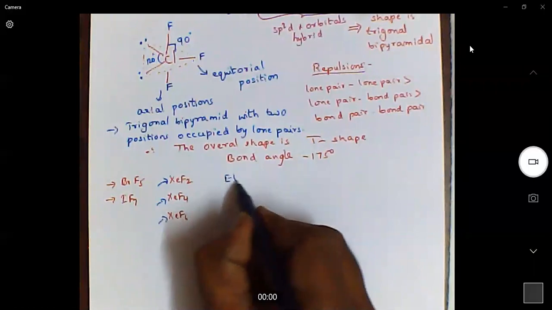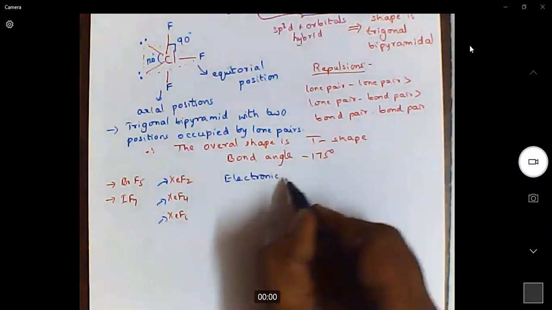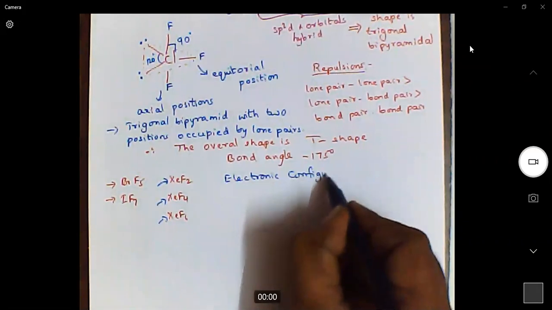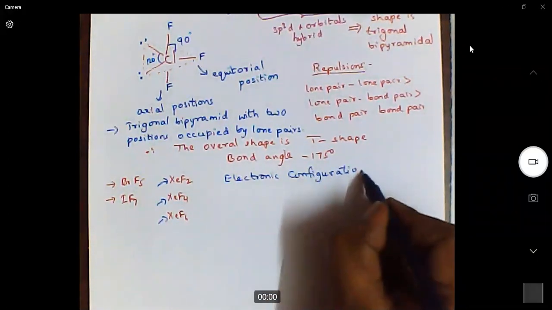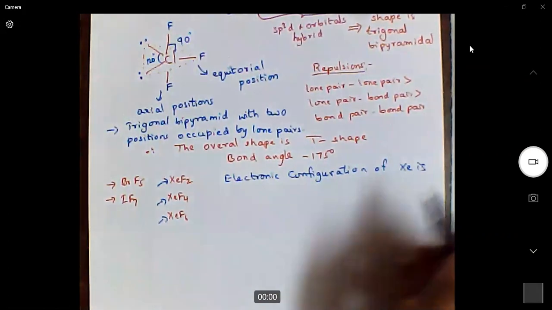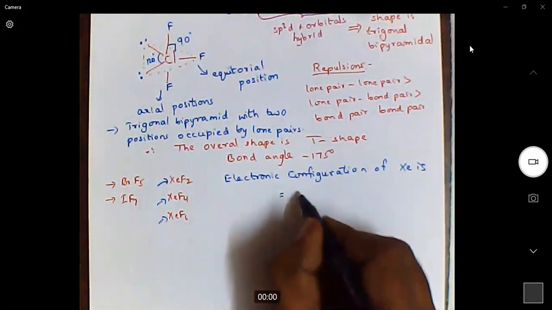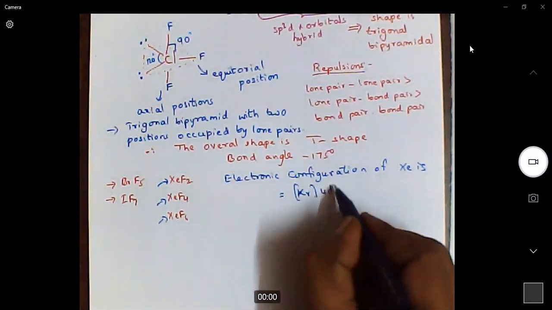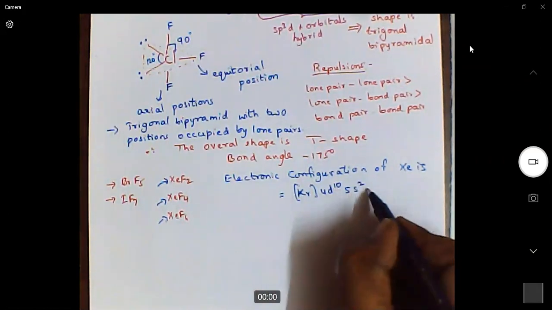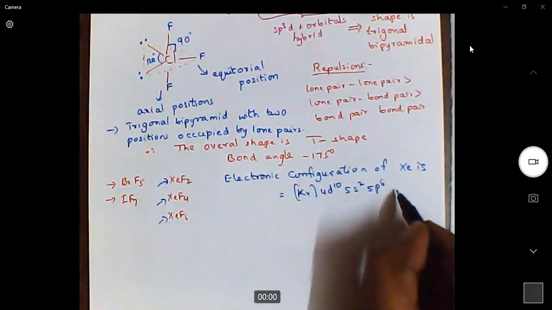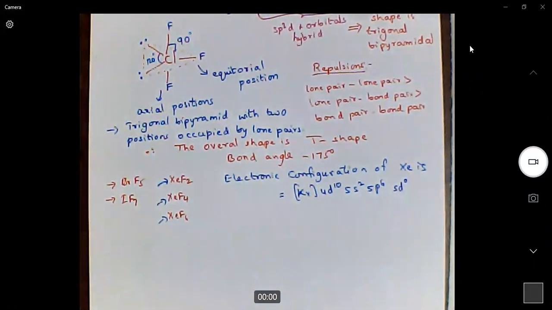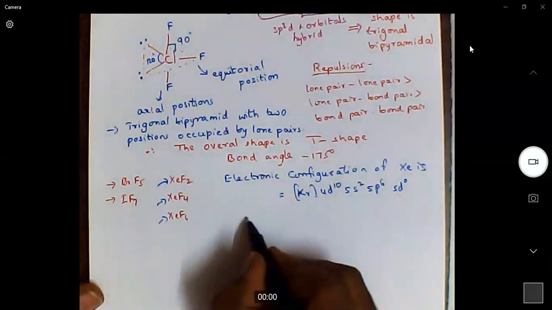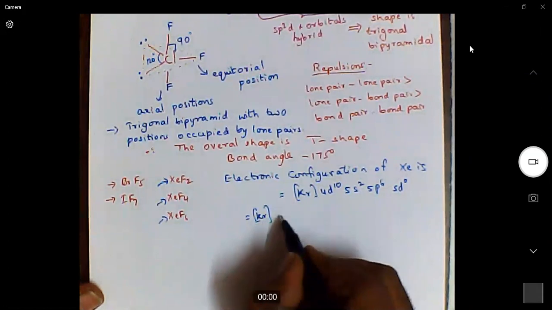So the electronic configuration of xenon is krypton 4d10 5s2 5p6. Of course, we also need d orbitals for explaining the bondings, but there are no electrons. Now we will rewrite this. Krypton 4d10 also we are not writing.